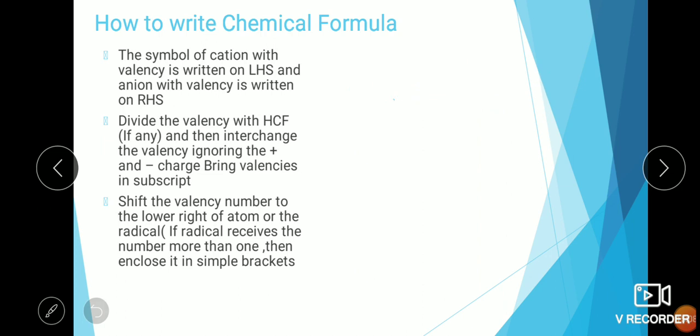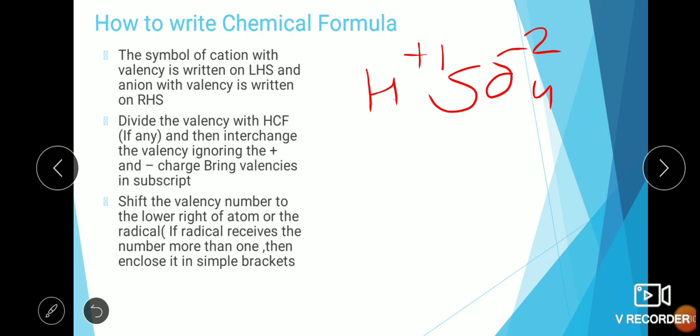The best example is the king of acids, sulfuric acid. So the chemical formula of sulfuric acid has two radicals. First one is hydrogen, that is H plus 1, and second one is sulfate, that is SO4 minus 2.